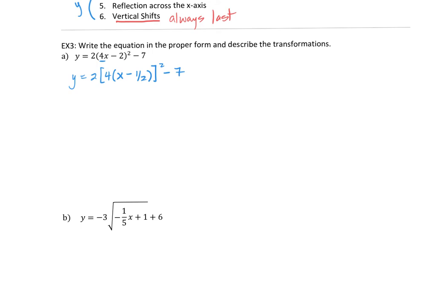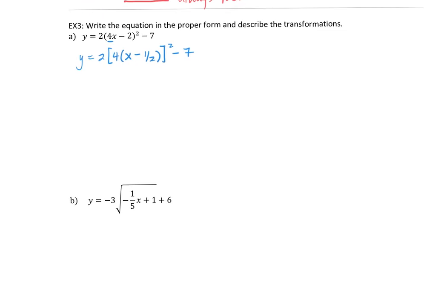Now that I have it in the proper form, I can go ahead and describe the transformations. So notice that this 4 in front means, and we're affecting the x now, this is going to be a shrink by 1/4.